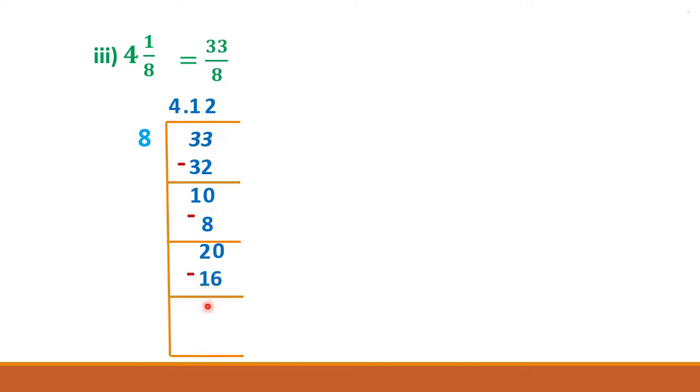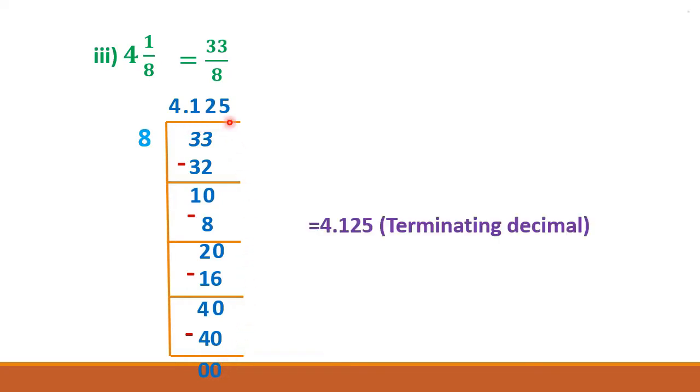Now we put 0 and it is 40. So 8 5's are 40. 40 minus 40 and we get 0 as the remainder. As we got 0 as the remainder, we can stop here. So our answer is 4.125. We can say this is a terminating decimal.